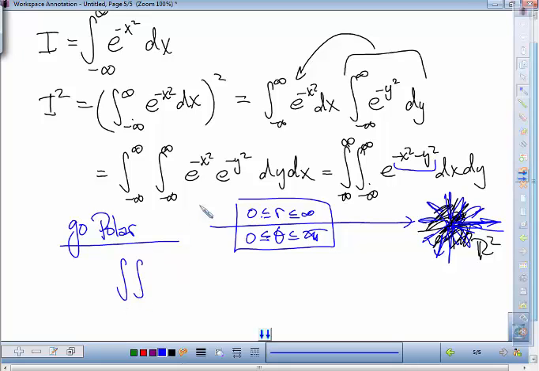Now our integral changed to go from 0 to infinity of e to the negative r squared. X squared plus y squared is r squared. Factor out the negative sign. Not only that, the dx dy changes into r dr from 0 to infinity, d theta from 0 to 2 pi.